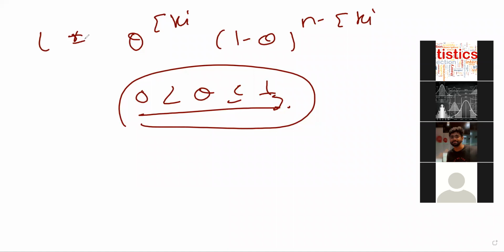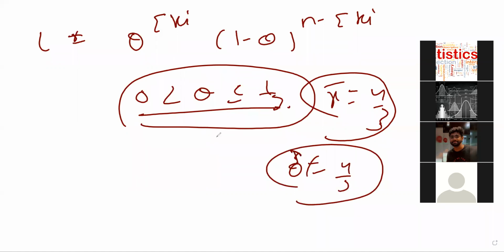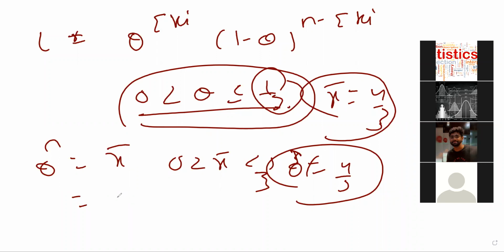If x bar is greater than 1 by 3, suppose x bar comes as 4 by 3, we cannot take theta equal to 4 by 3 because the range of theta is restricted. The maximum value I can take is 1 by 3, so we take 1 by 3 only. So theta equals x bar when x bar is at most 1 by 3, and equals 1 by 3 when x bar is greater than 1 by 3. If you are not understanding, don't worry, we are going to solve multiple questions of this type, so you will understand.